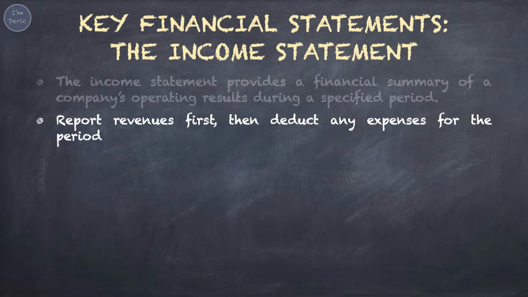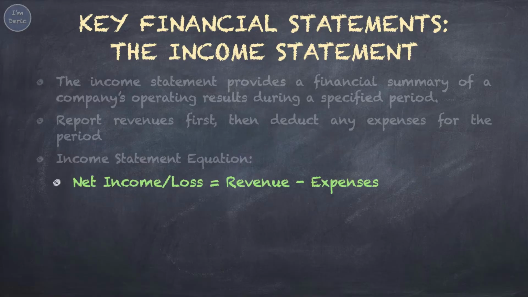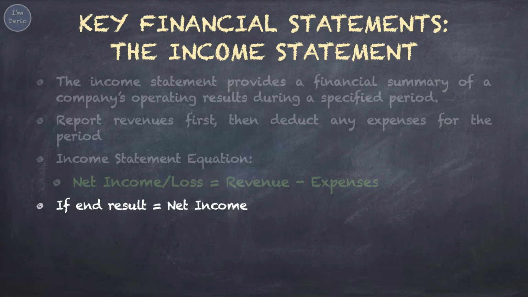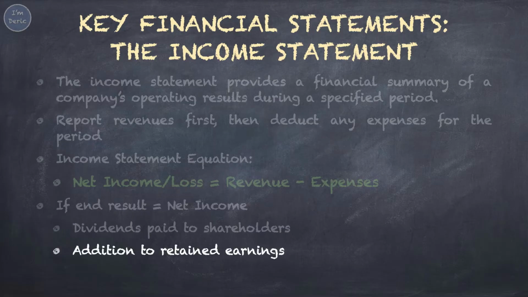For the format of the income statement, report revenues first, then deduct any expenses for the period. If we put it as an equation, it will be net income or net loss equals revenue minus expenses. If the end result is a net income, company may have two options. Either the company pays dividends to shareholders, or to keep the net profit as retained earnings.